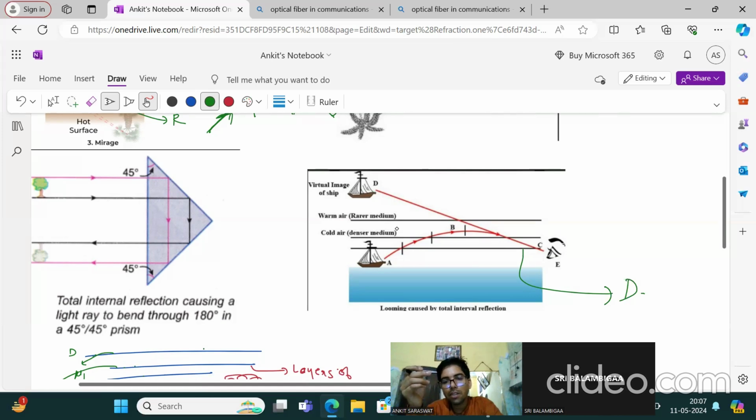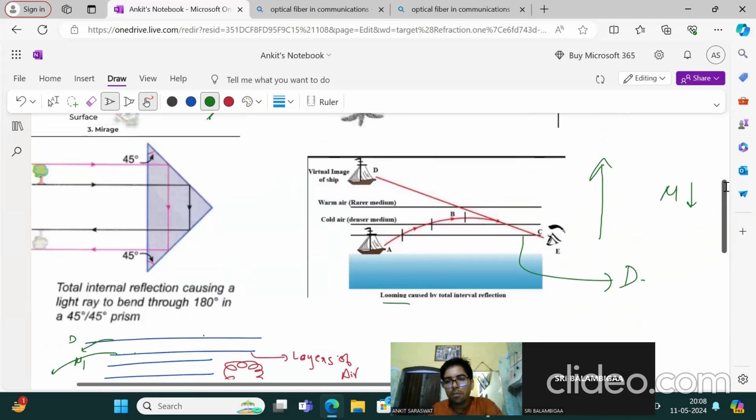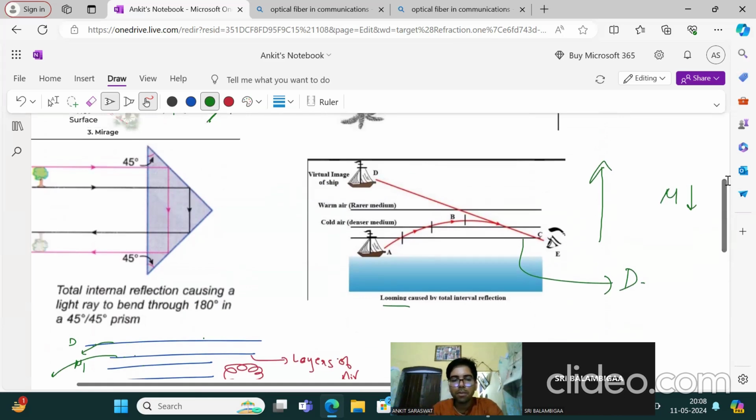In convection, cold water comes downside and hotter water goes up. Then there is a convection current, like land breeze, sea breeze. In the same way, you will find looming in the coldest region. In the coldest region, the medium becomes rarest as you go from bottom to top. So I can write here, if you are going from bottom to top, this mu value is going to be decreasing. Then the medium becomes rarest when you go above.